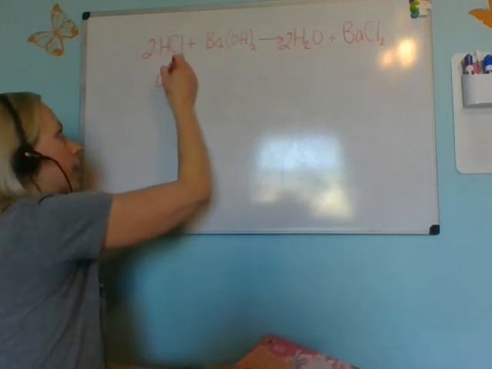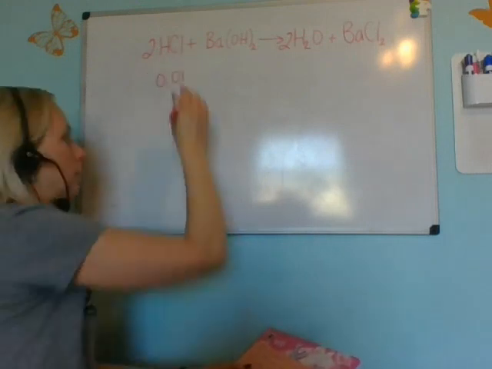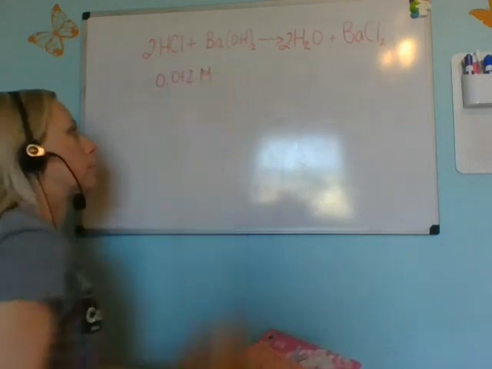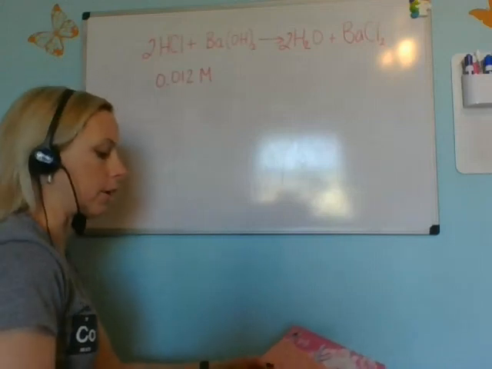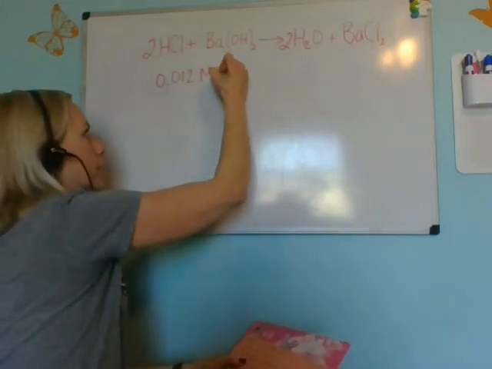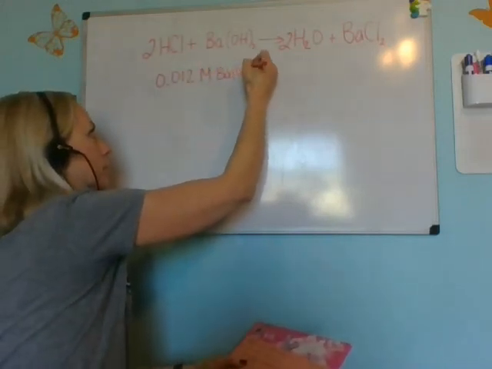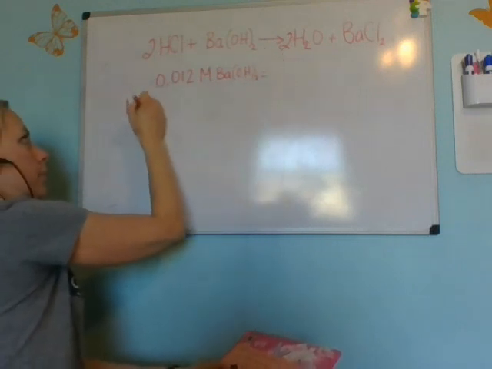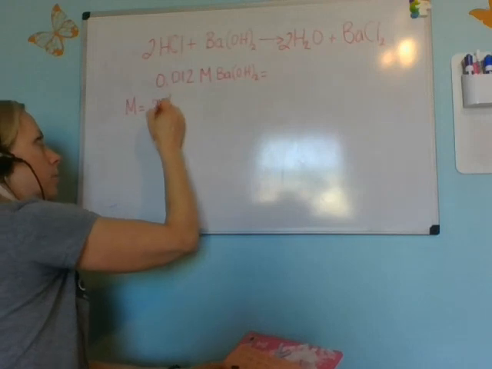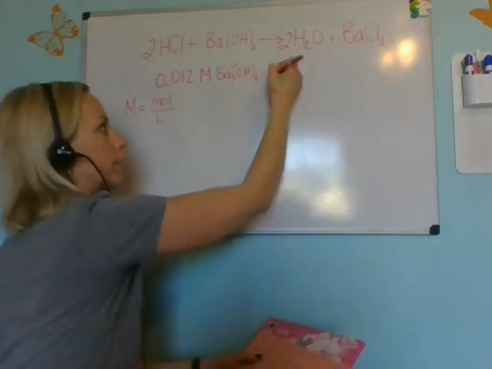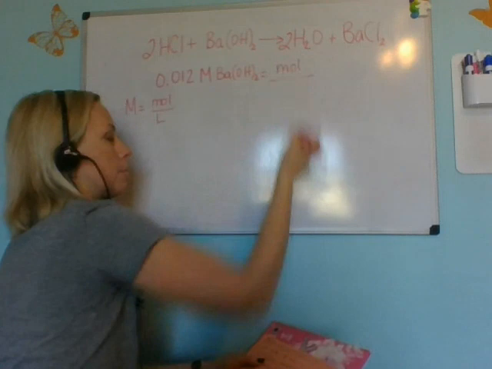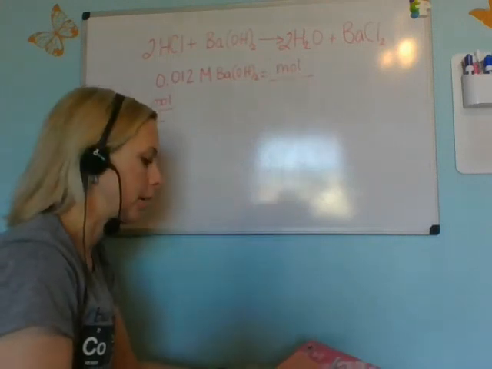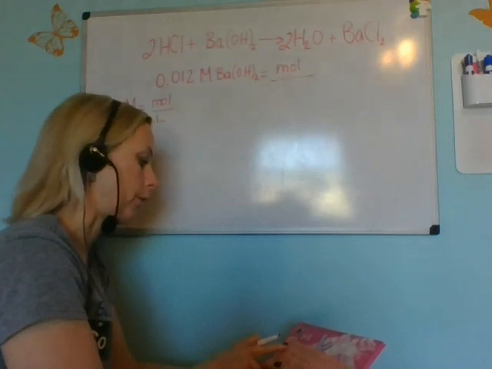We know that in our question here, I wrote it down on the paper, we are given the molarity of our base. So we're looking at barium hydroxide. And we have the equation: molarity, or molar, equals moles over liter. We're looking for our moles. We don't know our moles, but we know the amount of liters. Well, we know the amount of milliliters, so we can convert to liters. We're given 32.4 milliliters.